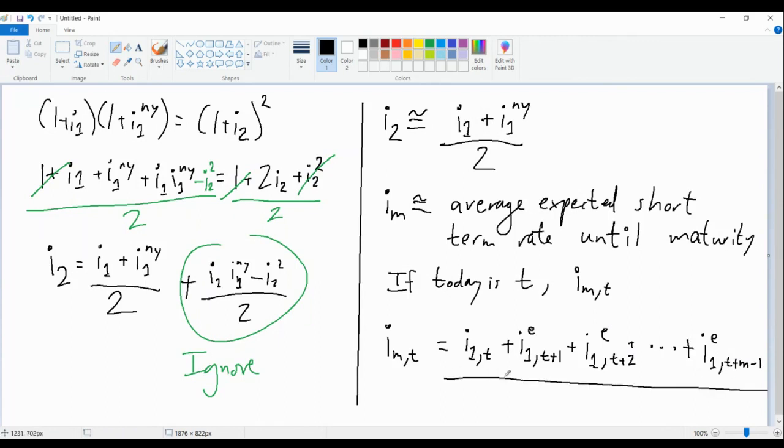All divided by, well, it's an average, so there are going to be M of these. So this is just an equation that's trying to spell out what this means. Okay? Any questions or comments?